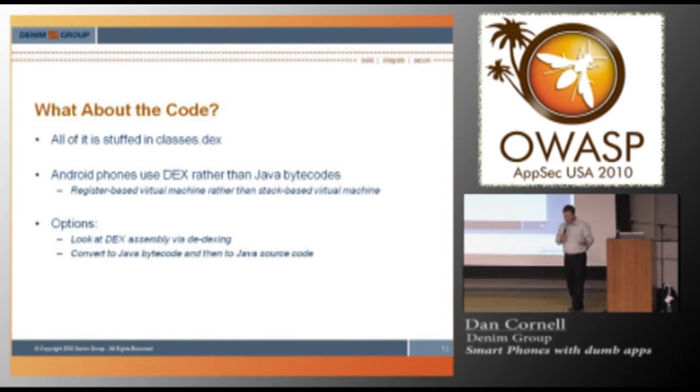The DEX virtual machine is very similar to a Java virtual machine, but it's a register-based virtual machine versus the Java VM, which is a stack-based virtual machine. To queue up a method call, you put things in registers and then make the call, whereas in a Java environment, you push a bunch of stuff on the stack and then make the call. But much like Java, where a tremendous amount of debug and other information is included when you compile, DEX code also contains a tremendous amount of that.